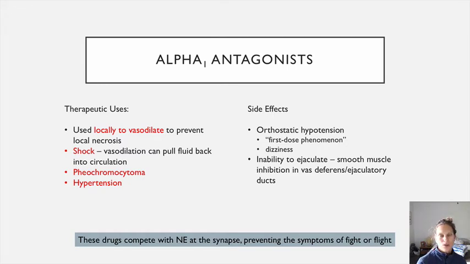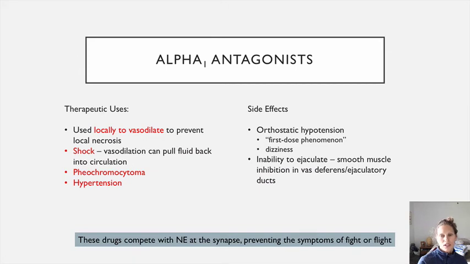And also, with almost all of our antihypertensives, and the alpha-1 antagonists are no exception here, with men, this is something to know. There's oftentimes quite a bit of sexual dysfunction that accompanies the medicines for hypertension. And alpha-1 antagonists are notable for this as well, in that they cause an inability to ejaculate.